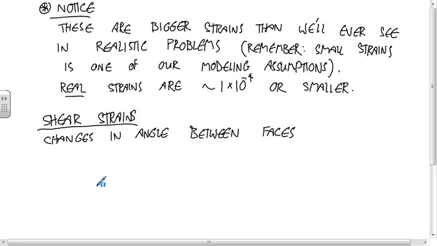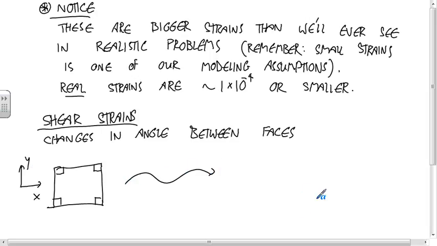And so if you start out with an element that looks like this, say it's rectangular, so all of these are right angles in this coordinate system, then after deformation, say you have something like this, okay, we're going to define this angle theta xy as the angle between the positive x face and the positive y face.